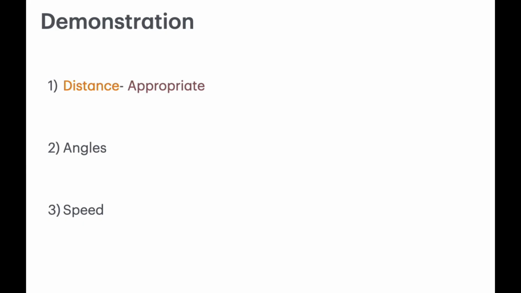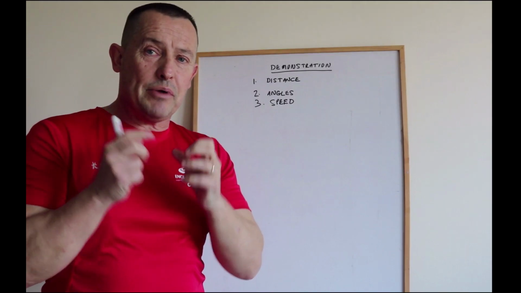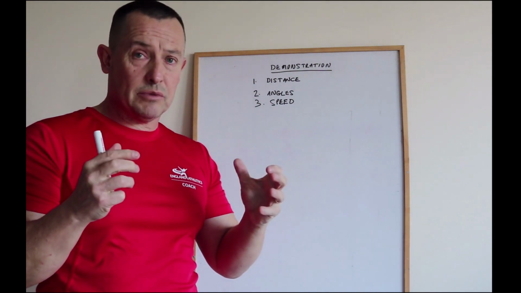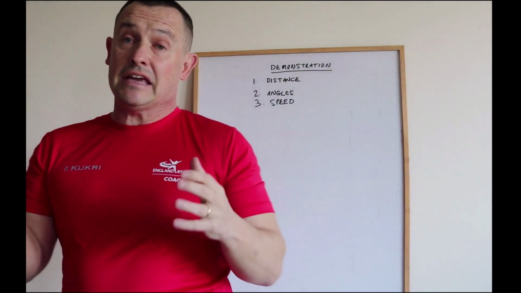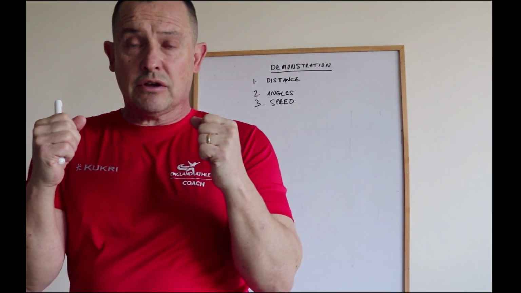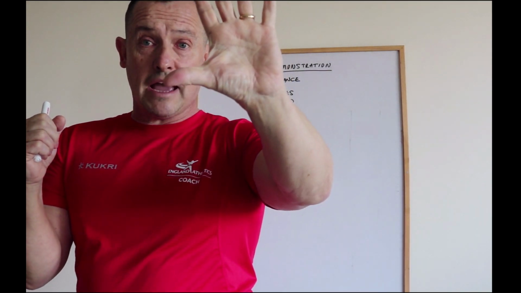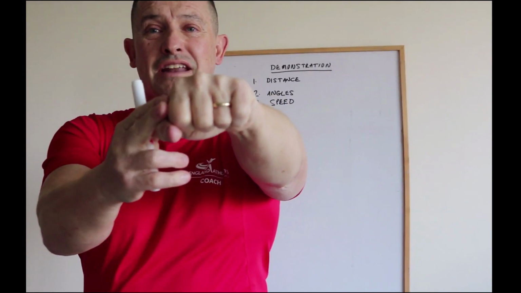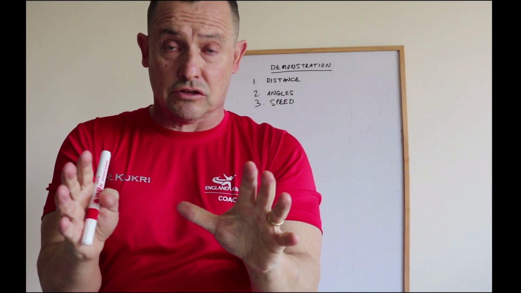Now, the distance of the demonstration from the person that you're going to be demonstrating to depends on what you're trying to convey to the person. Let me give you that example again that I gave before. If I'm trying to explain to you that your thumb should be outside of your hand when you make a fist, it works better if I'm slightly closer to you.